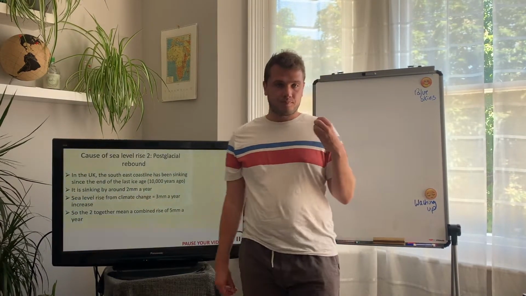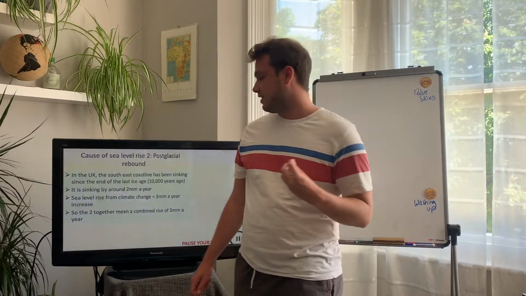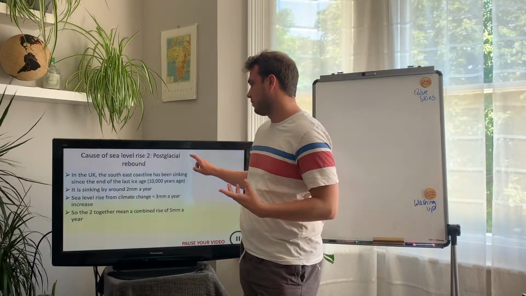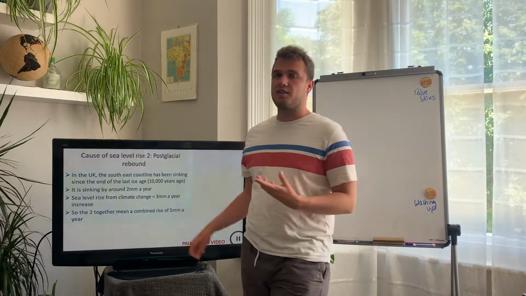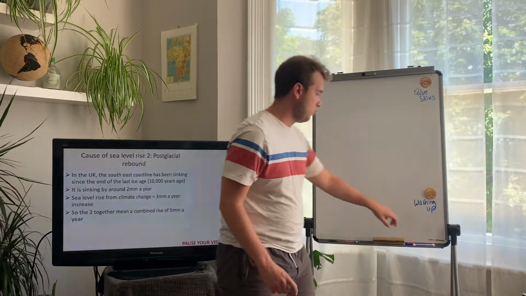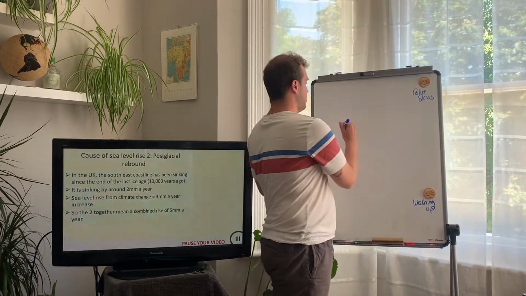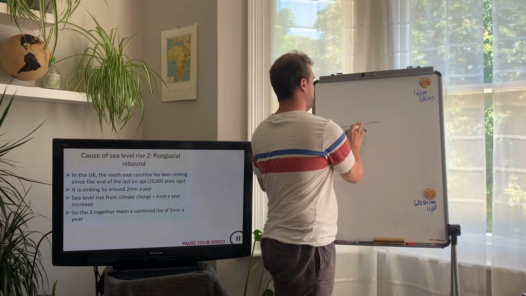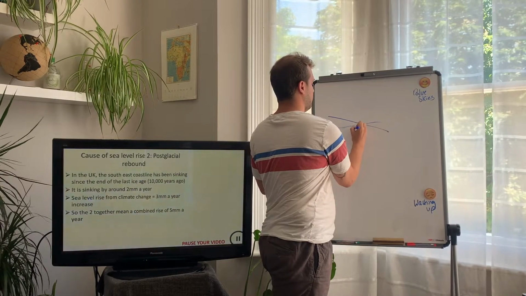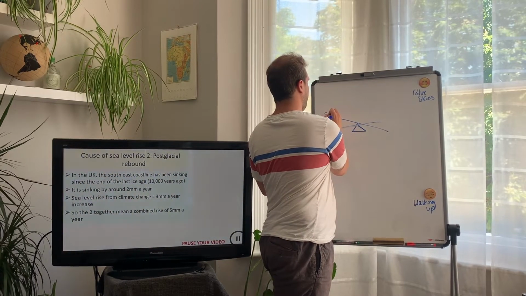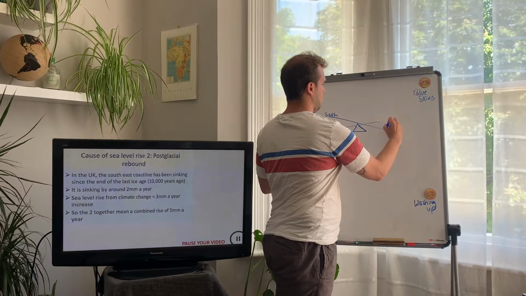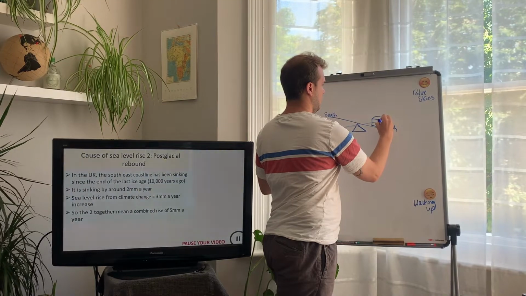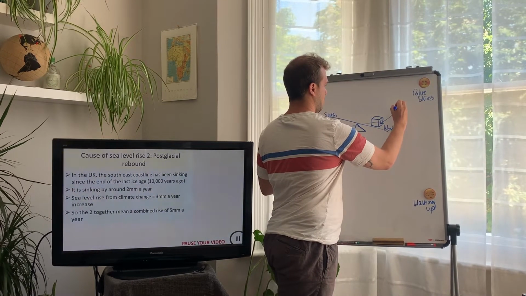So what I would like you to do is pause the video and make a copy of this first bullet point. So post-glacial rebound equals, and then this. And what you might want to draw is a bit of a diagram. So we've got two diagrams. Okay, so south, north, and we're going to put a little ice cube on here.